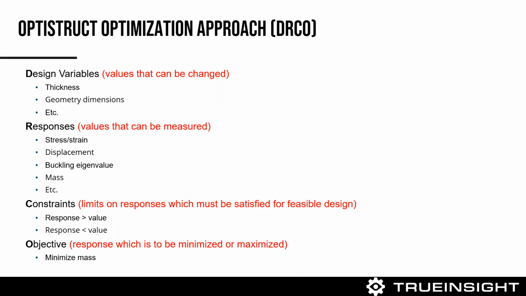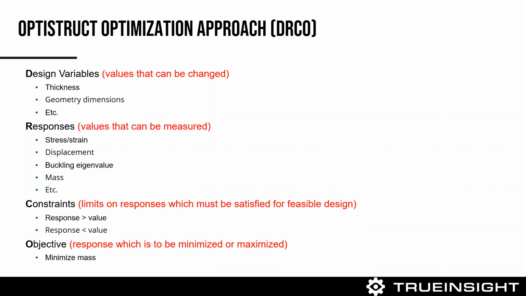As I step through that optimization process, the main thing you'll see is an acronym I use called DRCO. You'll see it in a lot of Altair forums, but this term is also commonly found in other CAE tools. The first thing is the design variables, what you have control over.